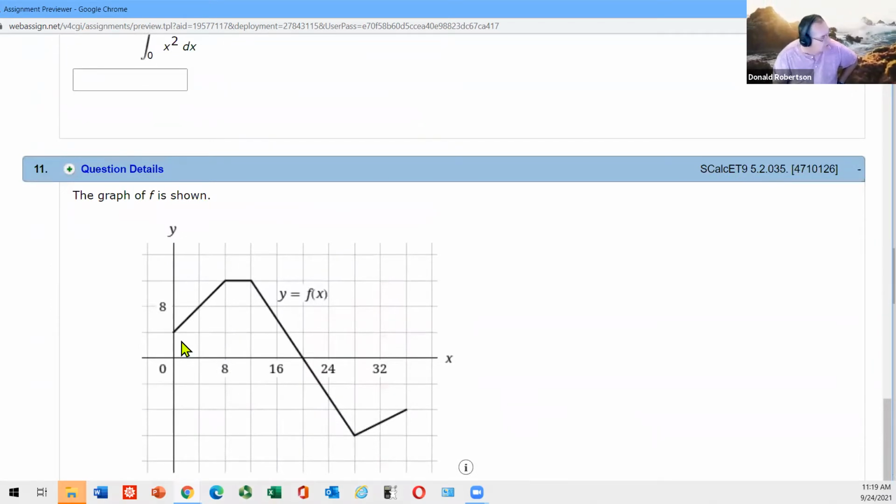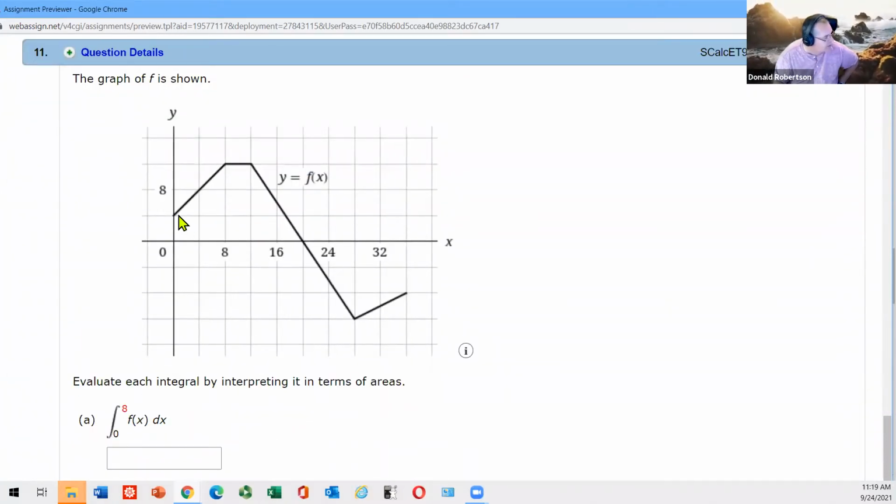Let's take as an example then. If I wanted to find the integral from 0 to 8, which is question A, right? Wouldn't I need to find this area here? It's a trapezium, do you see it? Okay, I would look at that as a rectangle on the bottom and a triangle stuck on its top, right?